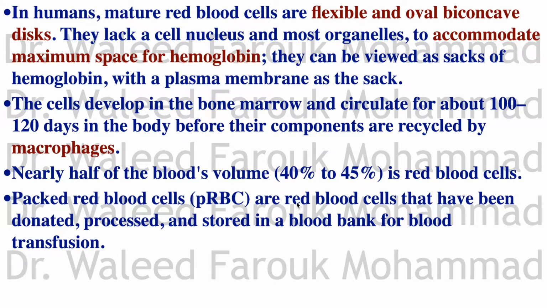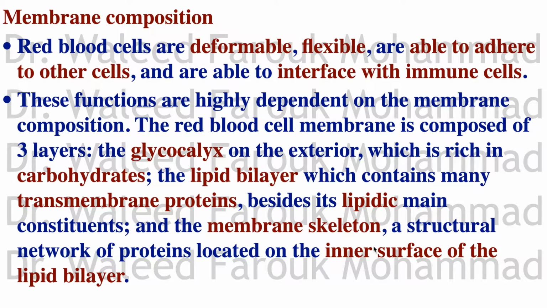The red blood cells constitute nearly half of the blood volume, and the packed red blood cells you will encounter in hospitals are red cells that have been processed and stored in blood banks. They are called packed RBCs.